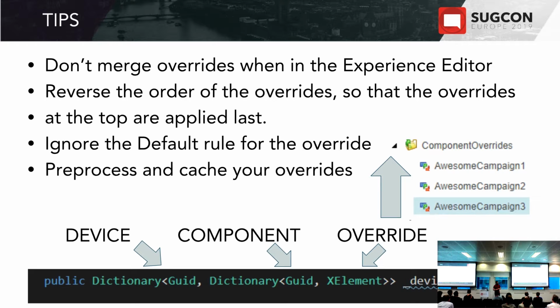Reverse the order of the overrides. The reason for this, if you look at this list here, we've got 3 campaigns. The way that we are injecting is that we inject the rules on top of the existing rules, so we just inject at position 0 all the time. But if you did that with these 3 campaigns, then campaign number 3's rules would be injected last. So within the rules stack, they would be at the top of the rule stack rather than at the bottom.